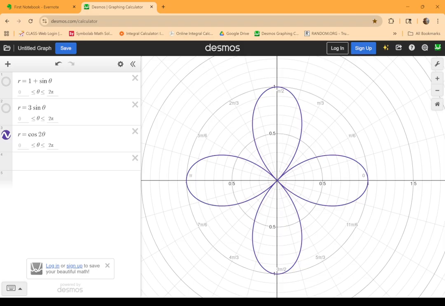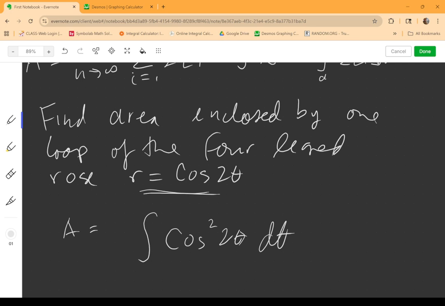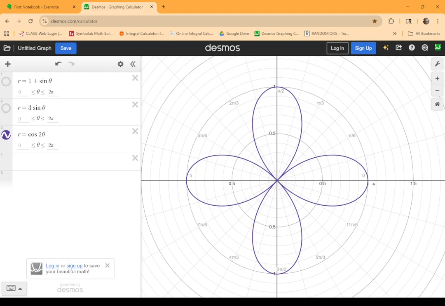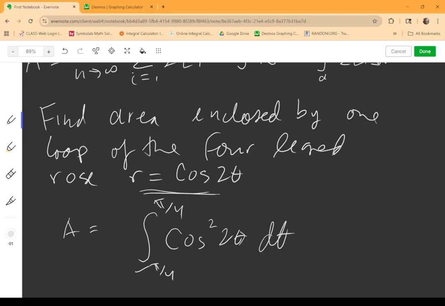I can approach this one of two ways. I can either have the integral go from negative pi over 4 to pi over 4. Again, going in the graph here, if this is my starting position, negative pi over 4 would be in this direction, where it starts at 0, then it gets traced out here till it gets back to the origin, to the pole. That'll give me the area, the whole leaf. Or I can use symmetry, since it is symmetrical.